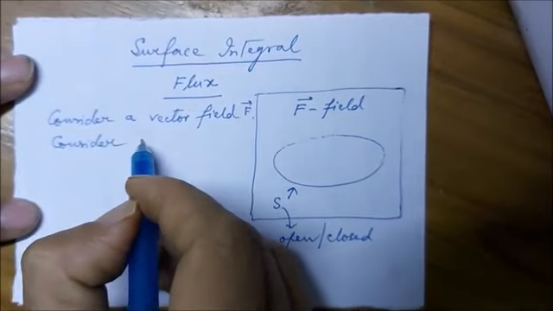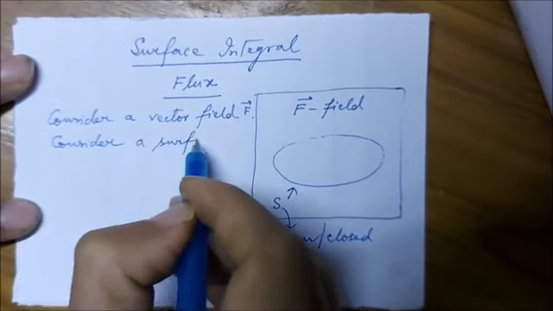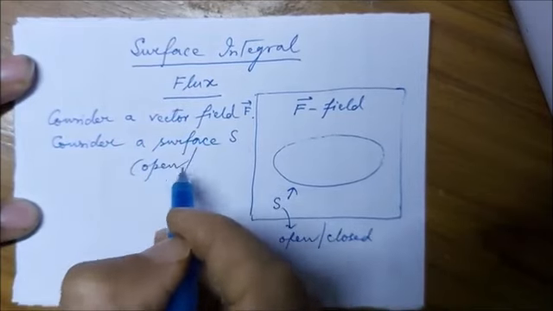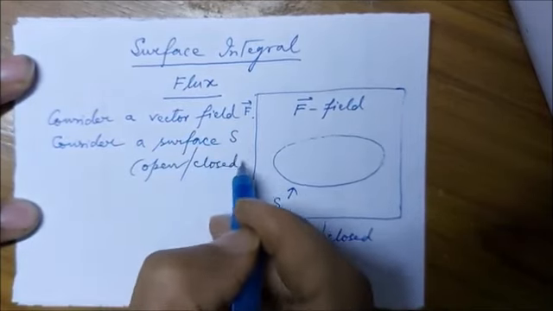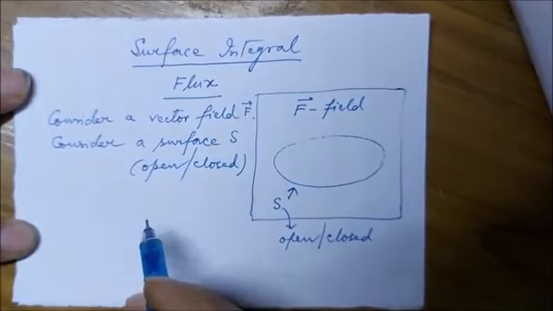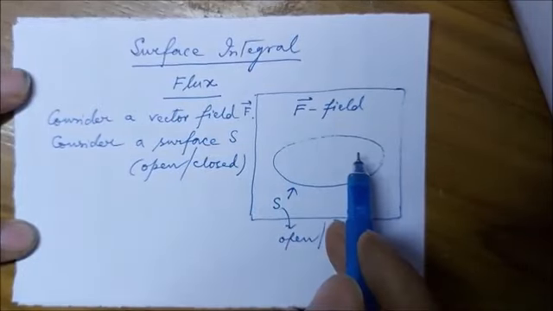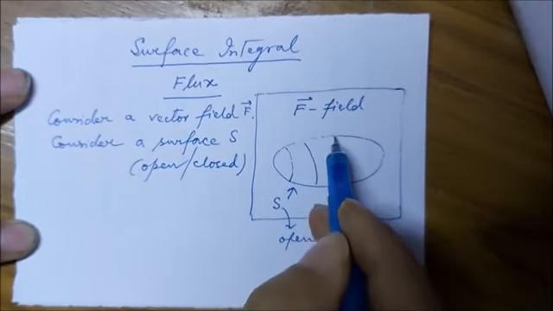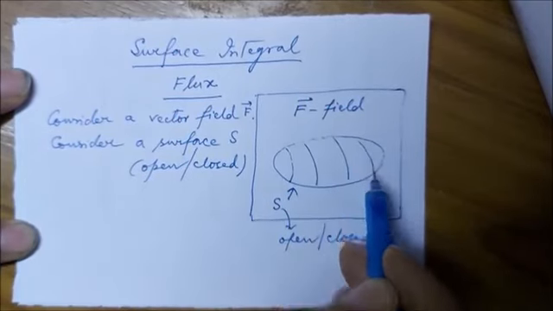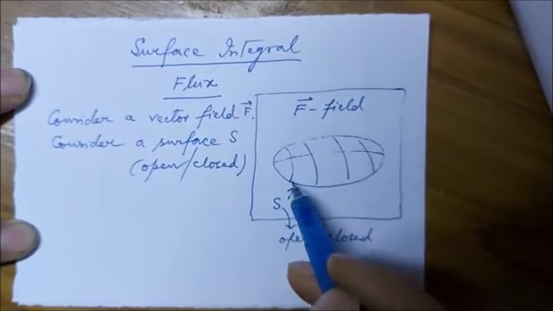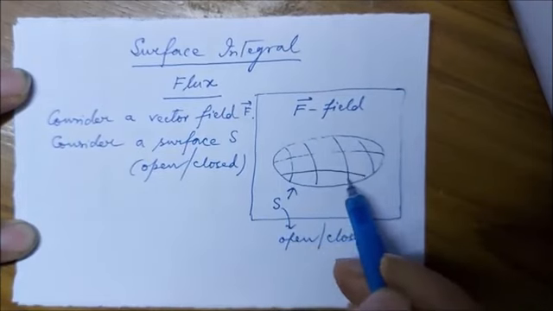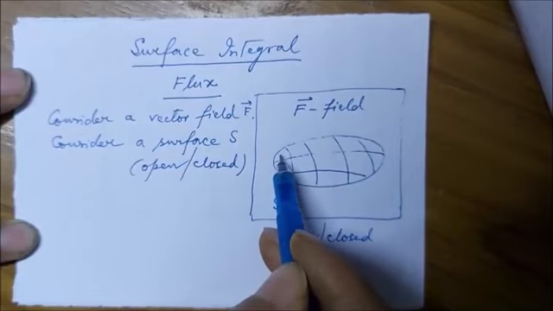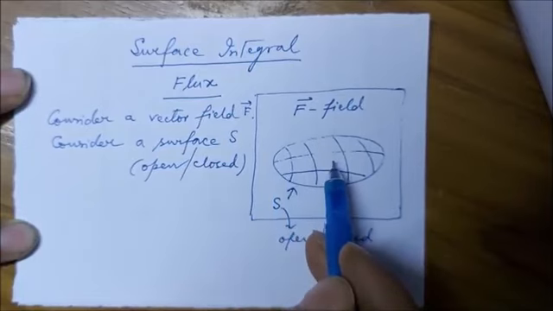Consider a surface S, open or closed. Let us divide this surface S into small subsurfaces or small portions. So this is the first portion, second portion, third portion, and this is, say, the ith portion.